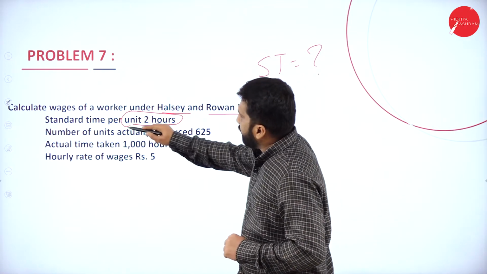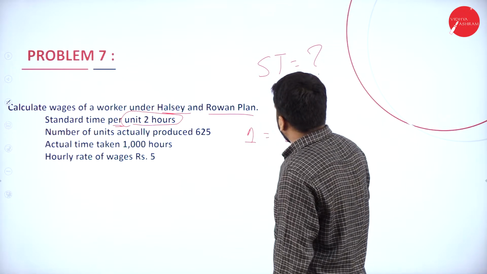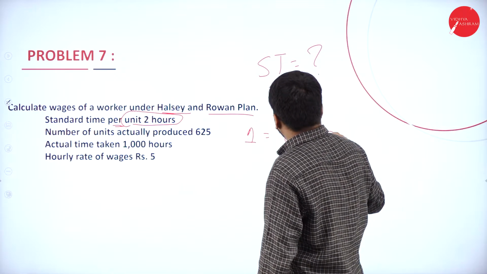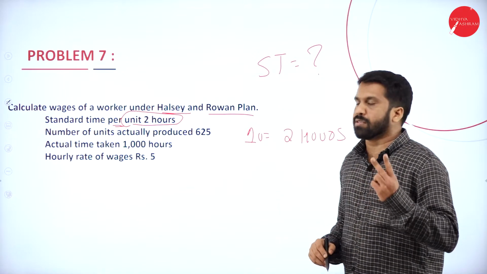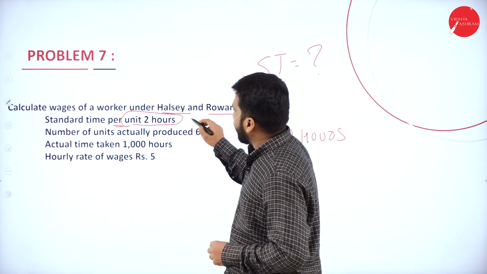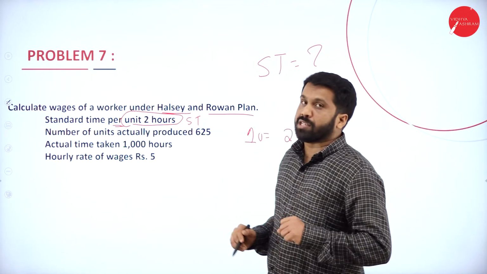Now, for 1 unit we need 2 hours. These are the standard time. Number of units actually produced, how much?